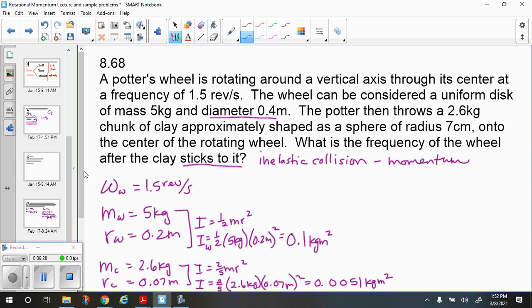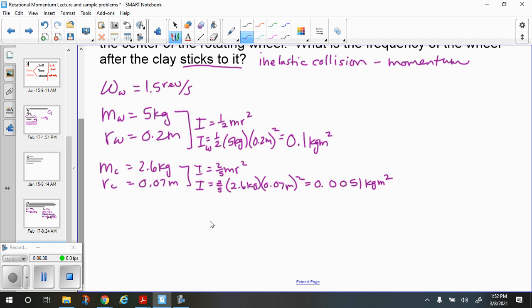Now we are going to use conservation of angular momentum. So we know initial angular momentum is equal to final angular momentum. Initially, we just have the wheel spinning. So we have the moment of inertia of the wheel times the angular velocity of the wheel. And then at the end, we have the two stuck together. Just like in regular momentum, if you were to have two train cars collide and stick together, you would just add their masses together because now they're stuck together.